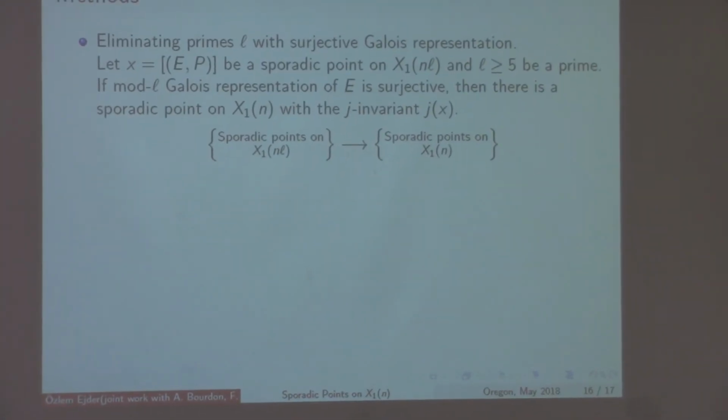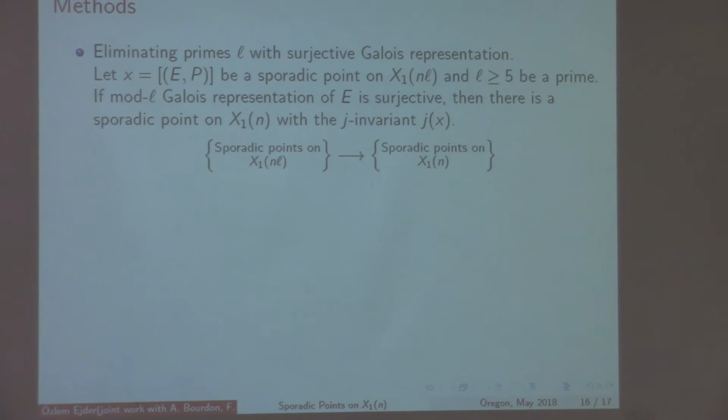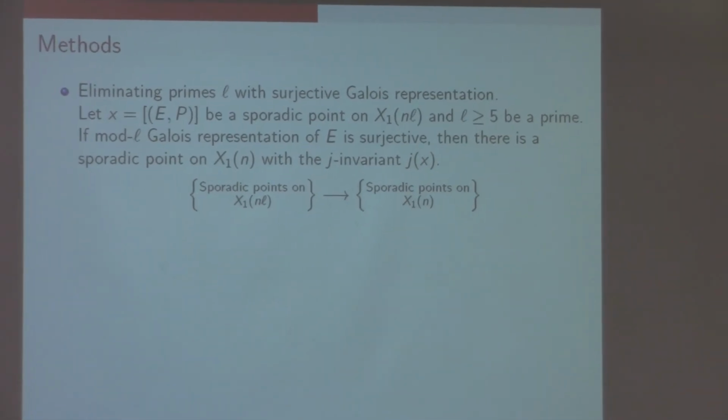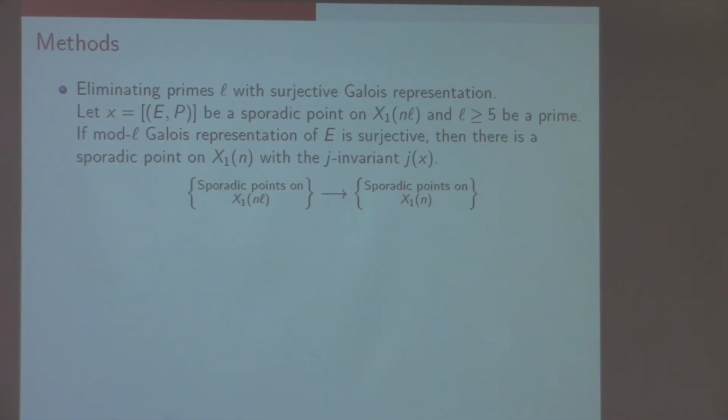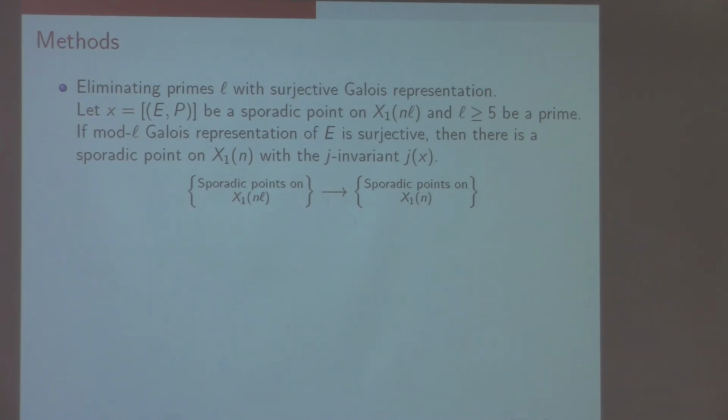All right, so what we do here is that we basically say that if I have a prime where I have surjective Galois representation, I can get rid of it because it's just big. So what you do is you assume that you have a sporadic point on X1(n). Then this point, we can assume that it's given by some pair, an elliptic curve E and some point of order n on it.